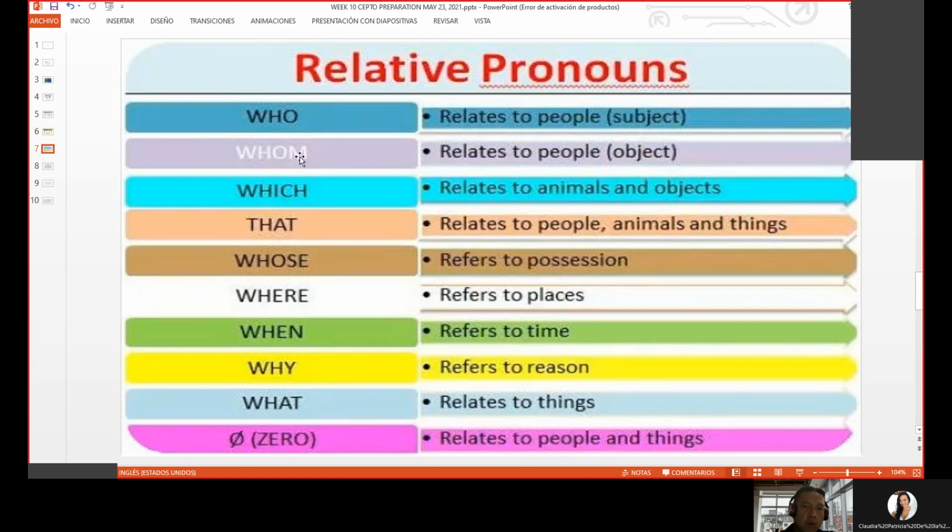But we also have whom, whose, where, when, why, what, etc., and also the zero relative pronoun. Questions? No, teacher, it's okay.